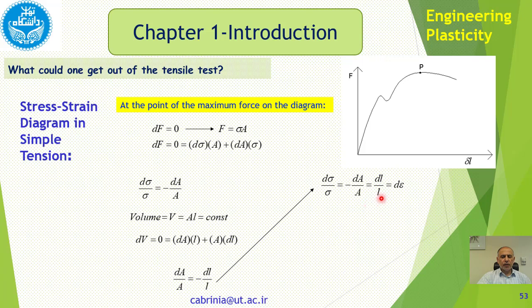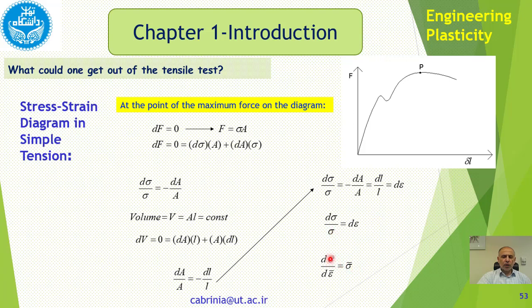It's a strain. It's an increment of a strain. Okay? So, we get here like that. D sigma over sigma is d epsilon, or d sigma over d epsilon is equal to sigma.